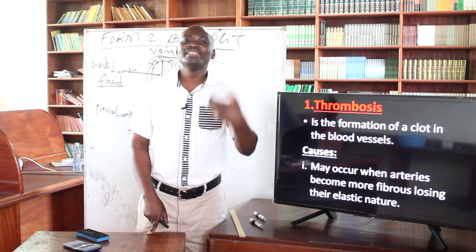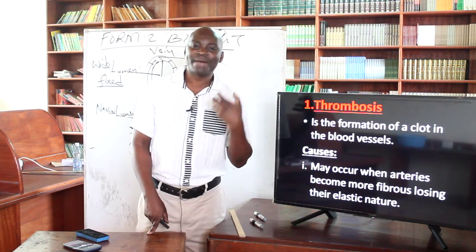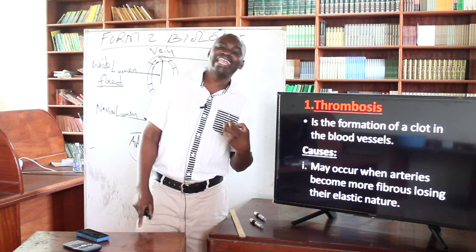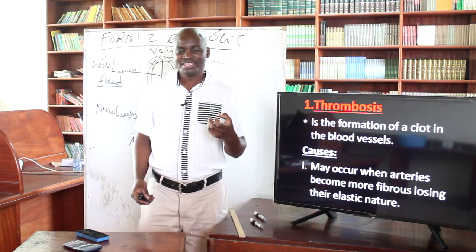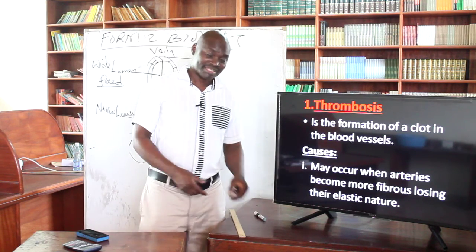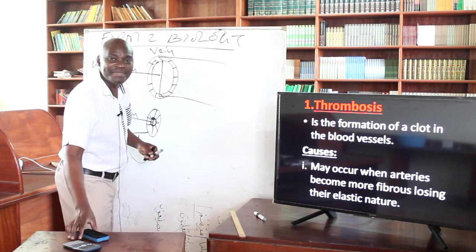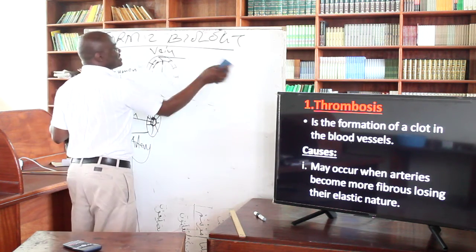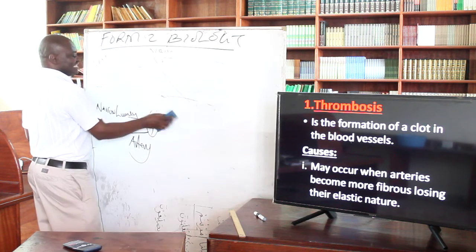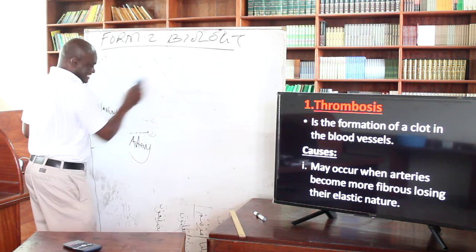Thrombosis may occur when the arteries become more fibrous, losing their elastic nature. If the arteries become more fibrous, they become rigid.